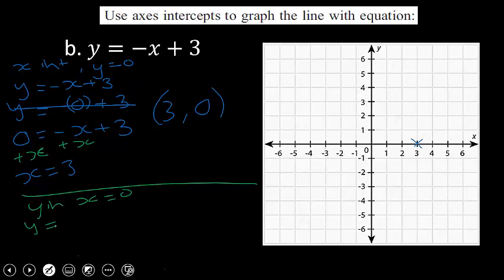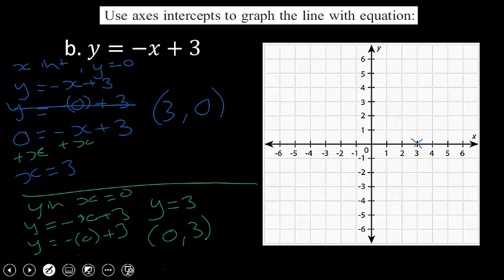So y equals minus 0 plus 3. So y equals 3. My intercept is going to be 0, positive 3. And it's over there. So I draw the line, it will look like that.